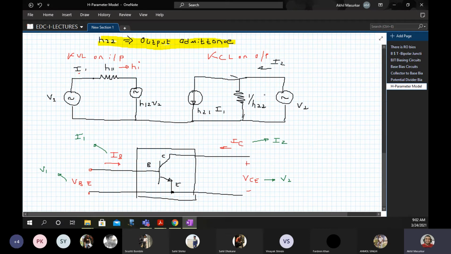This is going to be HO, 1 by HO, that is the output impedance. H12 is going to be the reverse current gain and H21 is going to be the forward current gain. But this is common emitter configuration, so that is why everywhere I will write HIE, HRE, HFE and HOE.